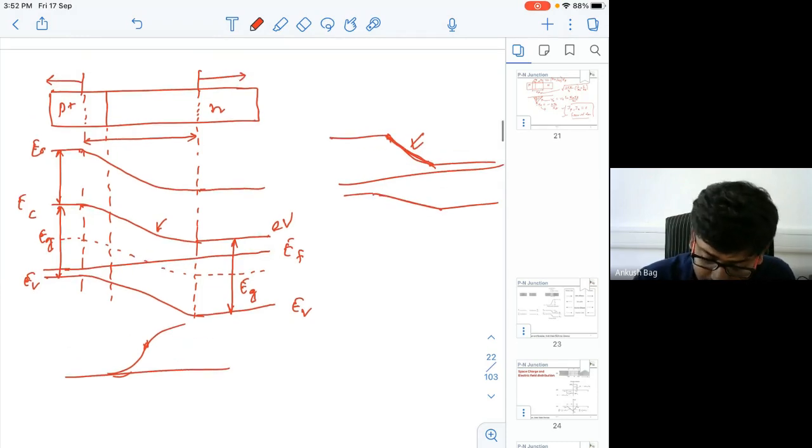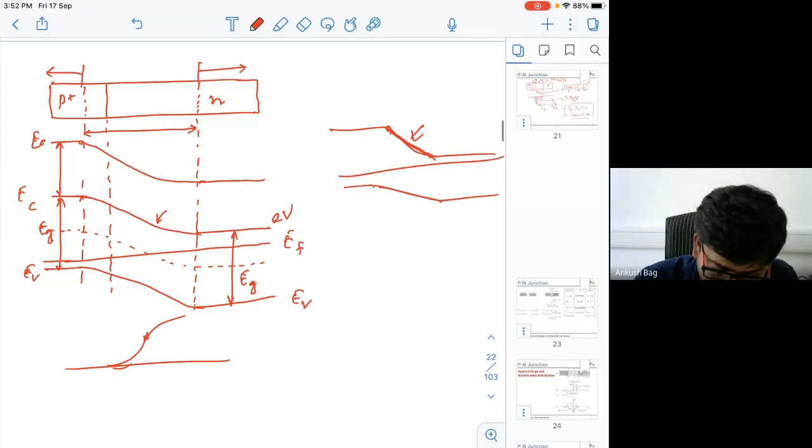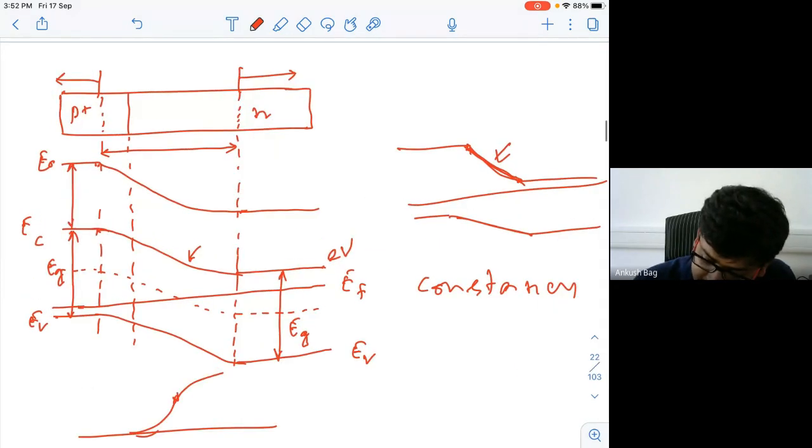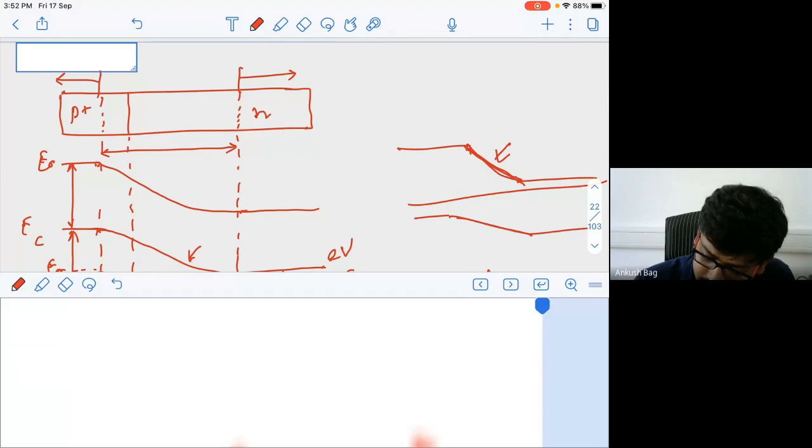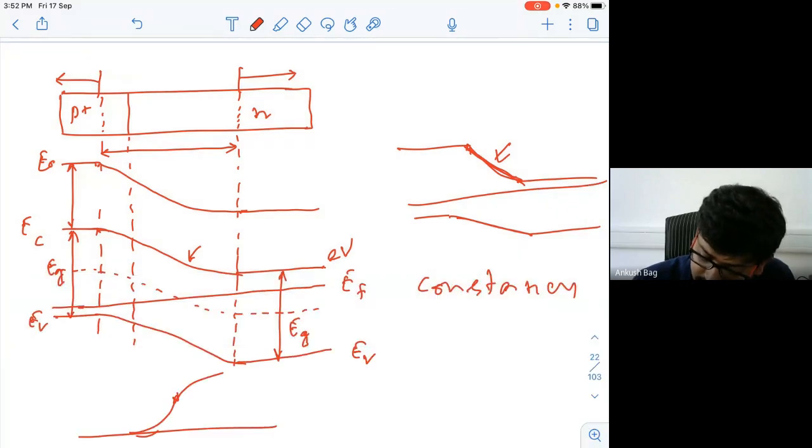Finally, the main principle we need to consider when drawing the energy band diagram under equilibrium: there will be constancy of EF, and there will be continuity of E naught.